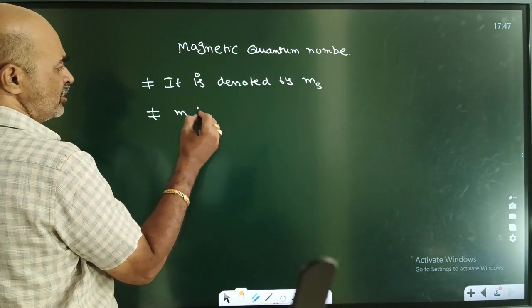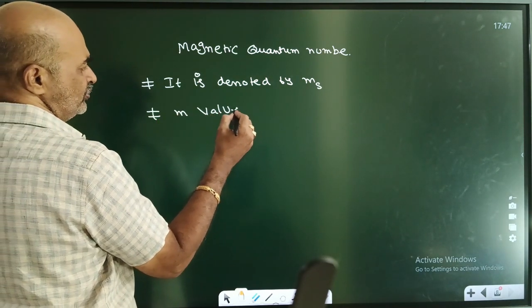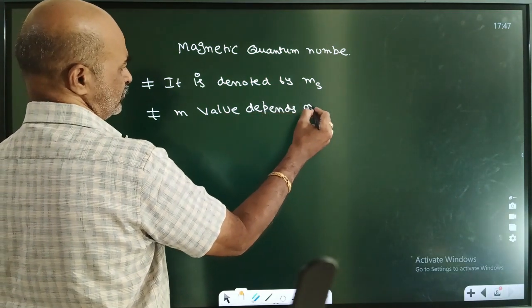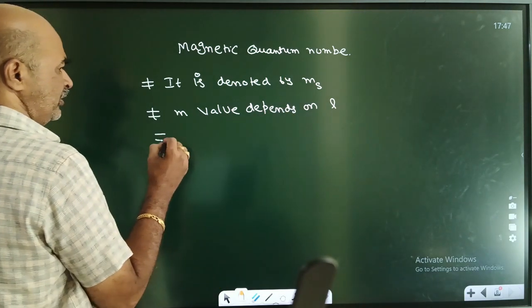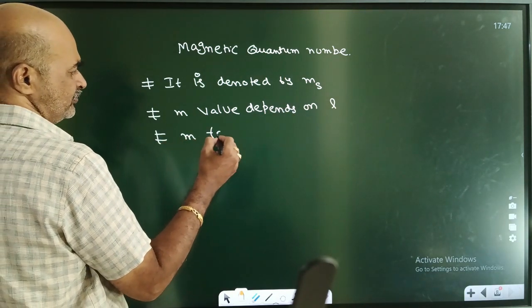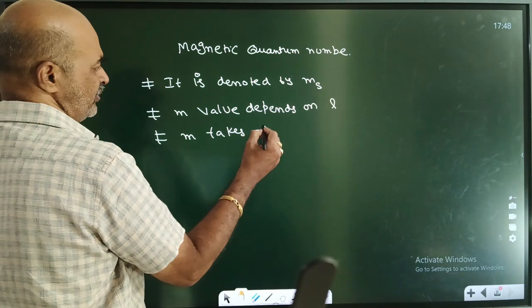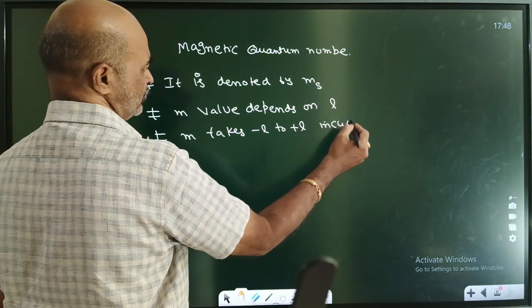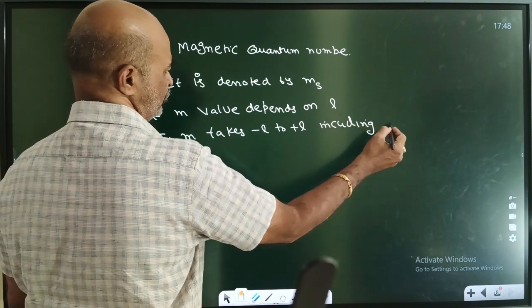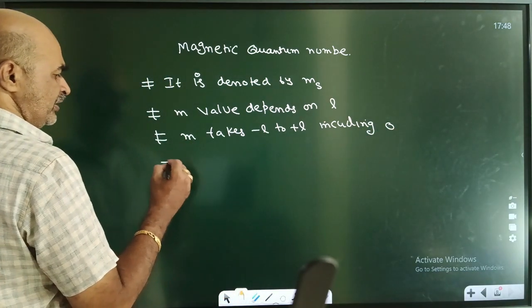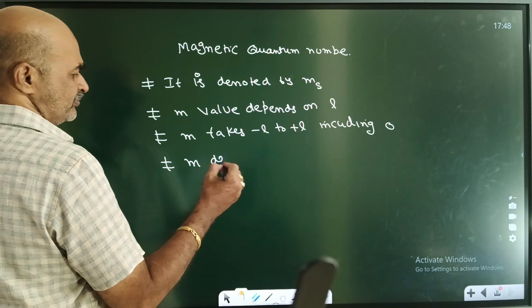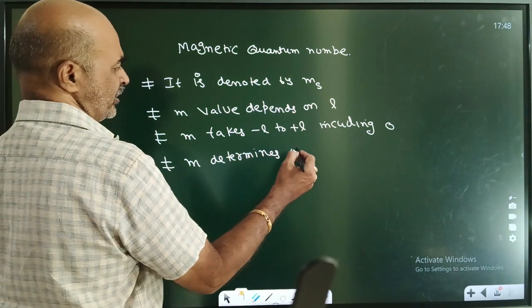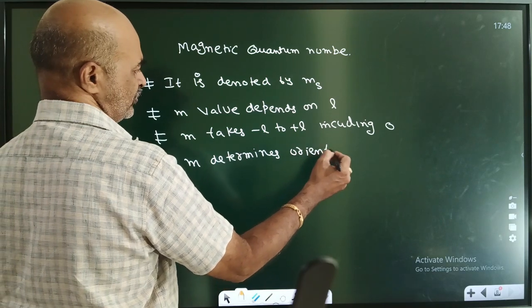The m value depends on L. m takes minus L to plus L, including 0. m determines the orientation of orbitals.